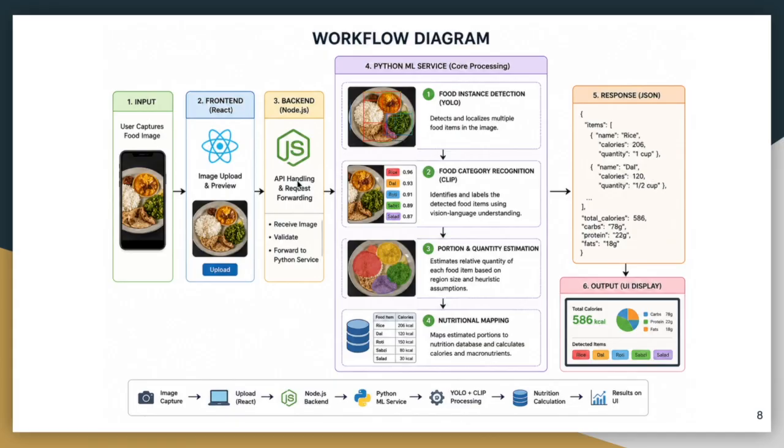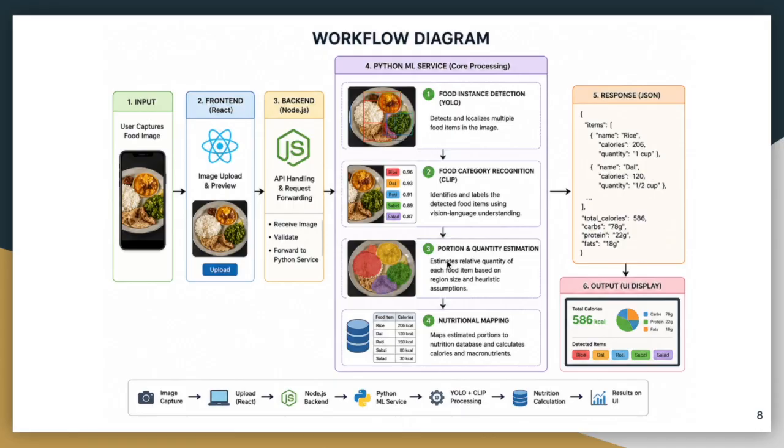Our backend redirects this request to the Python layer, which first uses YOLO to detect and localize the multiple food items, as you can see in the image. After that, using CLIP, we identify which item it is, meaning whether it is rice or roti, and what it is. Then we calculate the portion, meaning the proportion of that particular item.